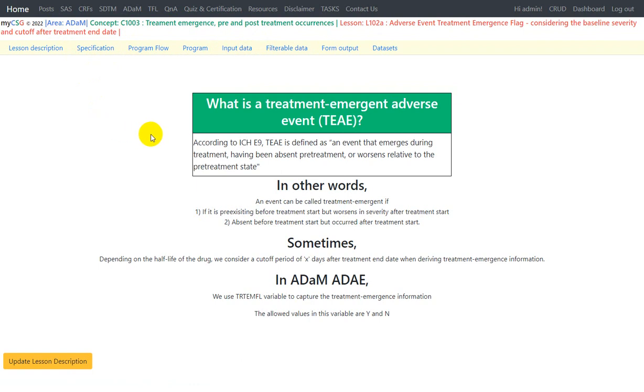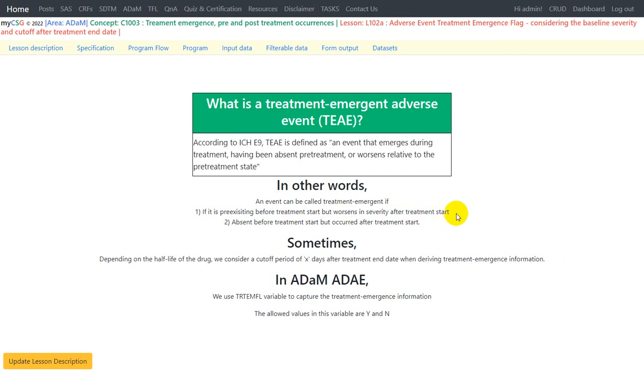So, what is a treatment emergent adverse event or TEAE? According to ICH E9, TEAE is defined as an event that emerges during treatment, having been absent pre-treatment, or worsens relative to the pre-treatment state. In other words, an event can be called treatment emergent if it is pre-existing before treatment start but worsens in severity after treatment start.